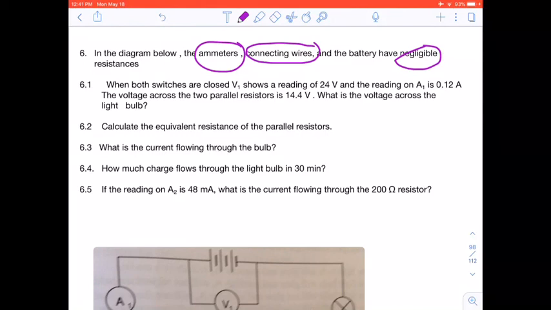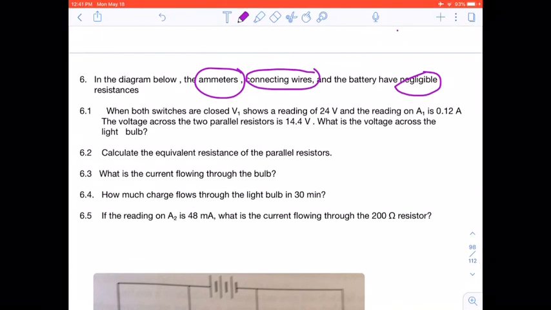In most of our cases we assume that the conducting wires and the ammeter have very low resistance, contrary to the voltmeter, which has a very high resistance, because it's not really measuring current. The voltmeter is actually measuring the push of the charges.